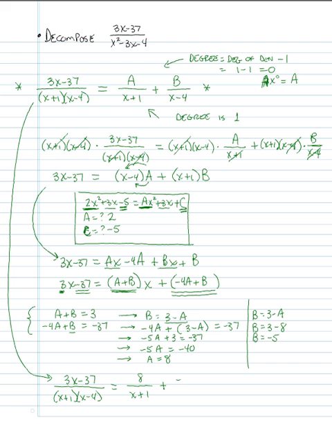But b is negative 5, so negative 5 over x minus 4. And then the only thing that we might do differently is we might rewrite this so we say subtract instead of plus. That is, we could say this is 8 over x plus 1, subtract 5 over x minus 4. And that's what we knew that we were going to get, but now we see the process to go through.